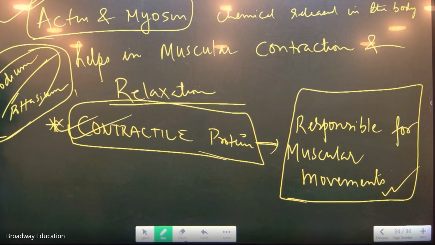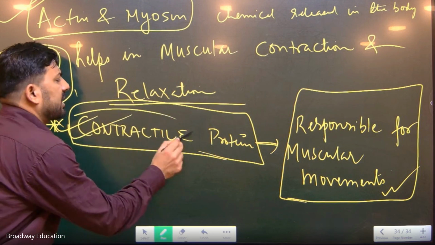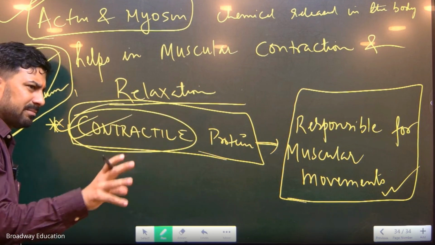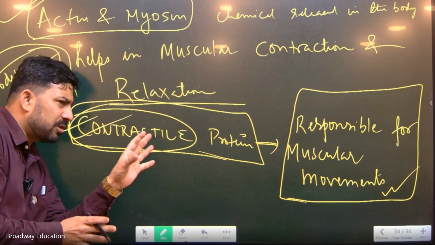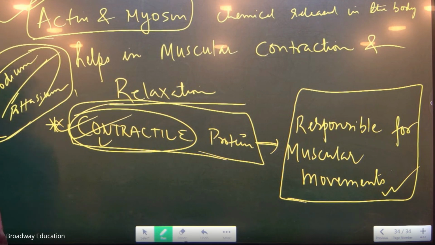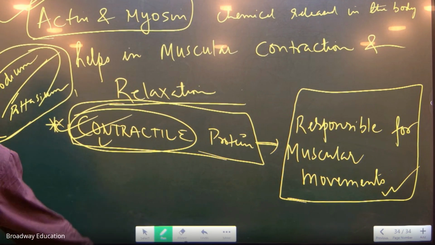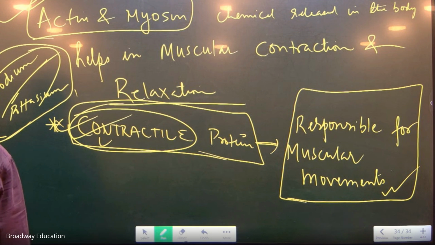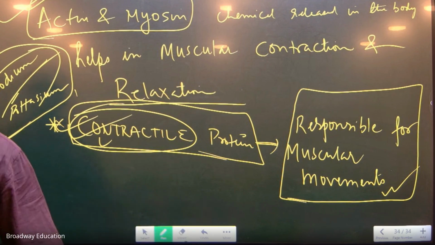Contractile is the name of a type of protein. When the muscles have to contract, at that time this is released in the body. It is not injected from outside, it is already released in the body only.